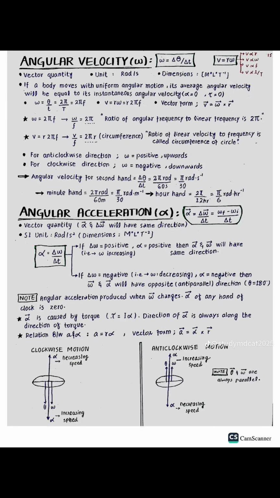So we will discuss the terms and everything related to circular and rotational motion. Angular displacement, angular velocity, angular acceleration, and formulas for finding angular acceleration, velocity and displacement. You can see the formulas and a brief introduction of these terms.